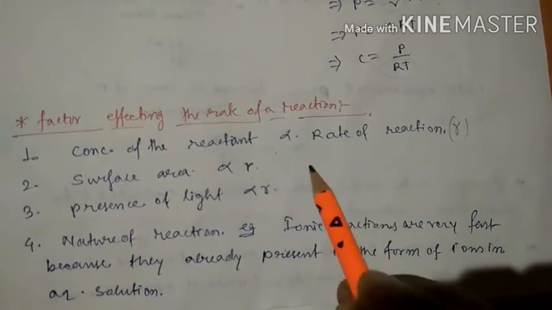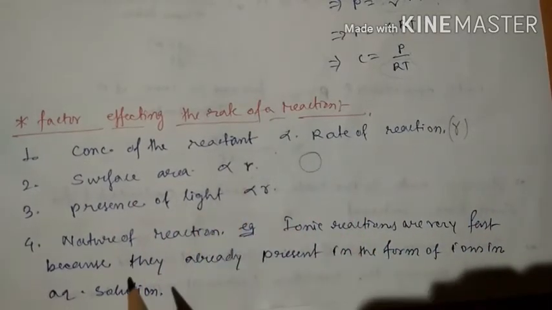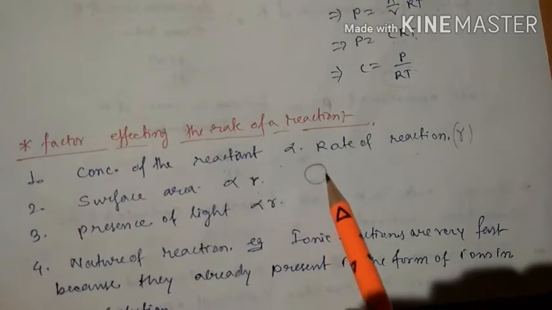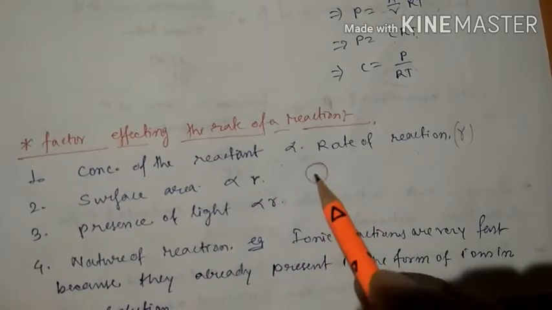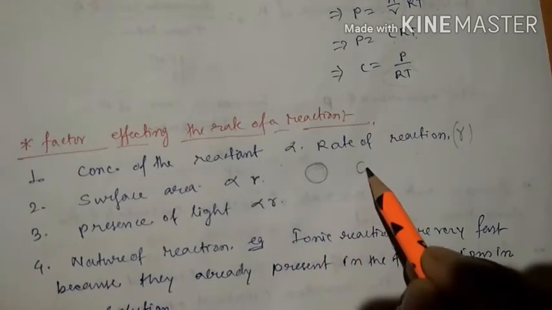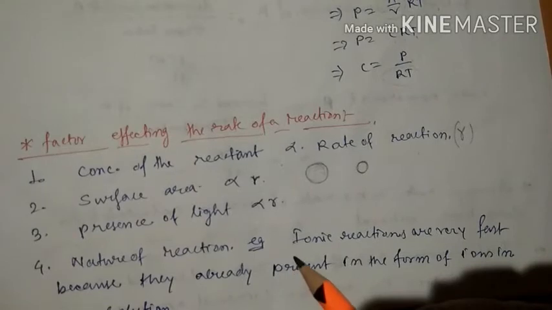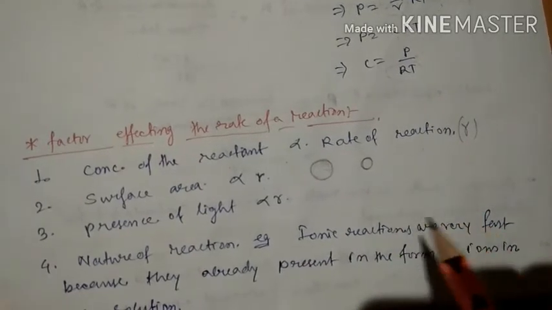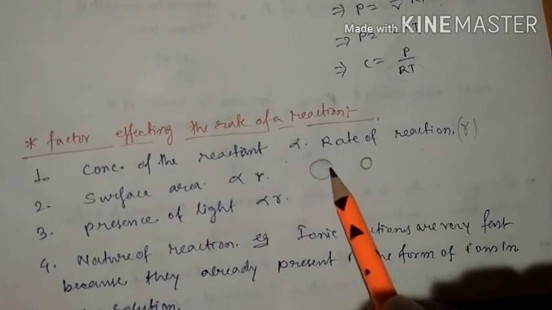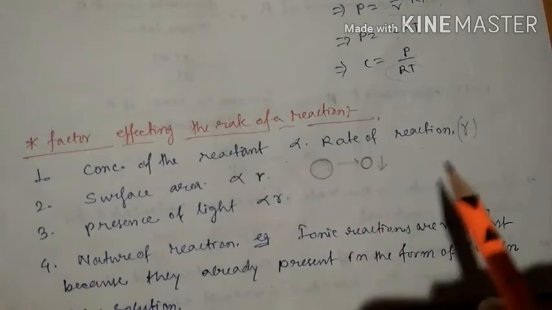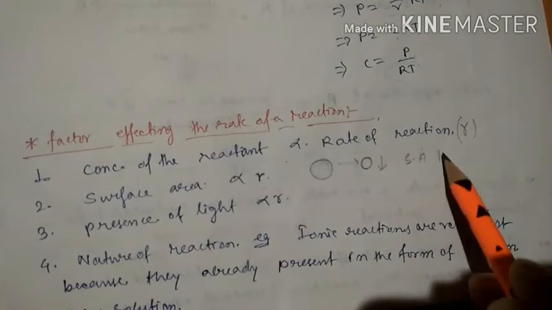Suppose let us take an example, a molecule. Suppose this is any atom. This is the surface area of the atom, which is spherical in size. Suppose here is another atom which is smaller size. Now according to your level, just know that when the size of a particle decreases, surface area increases.